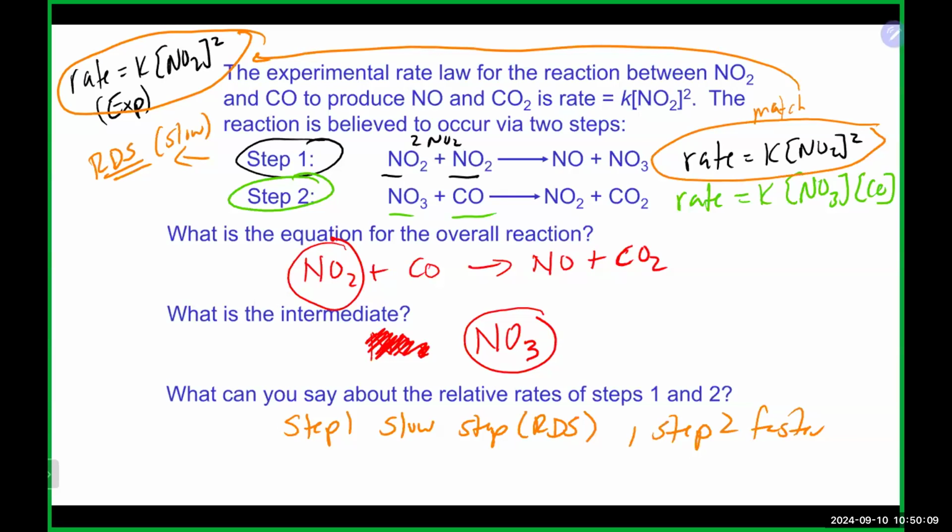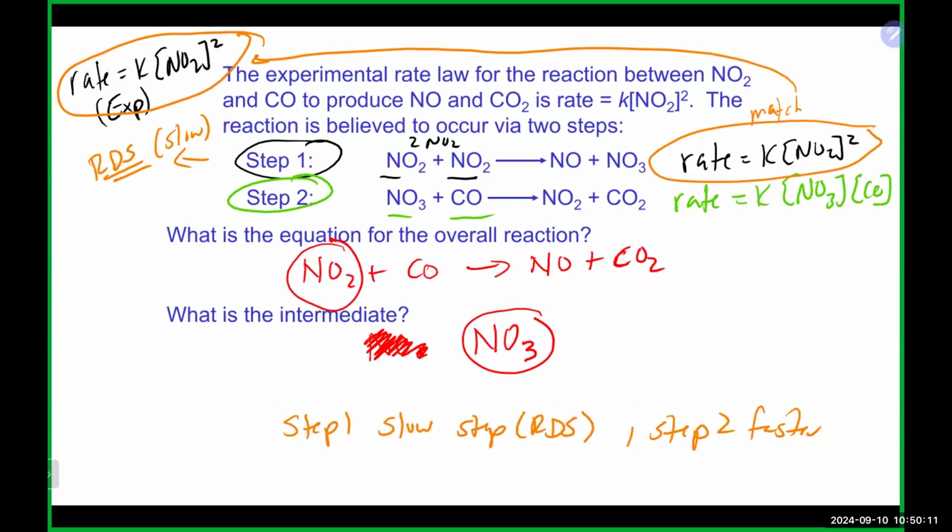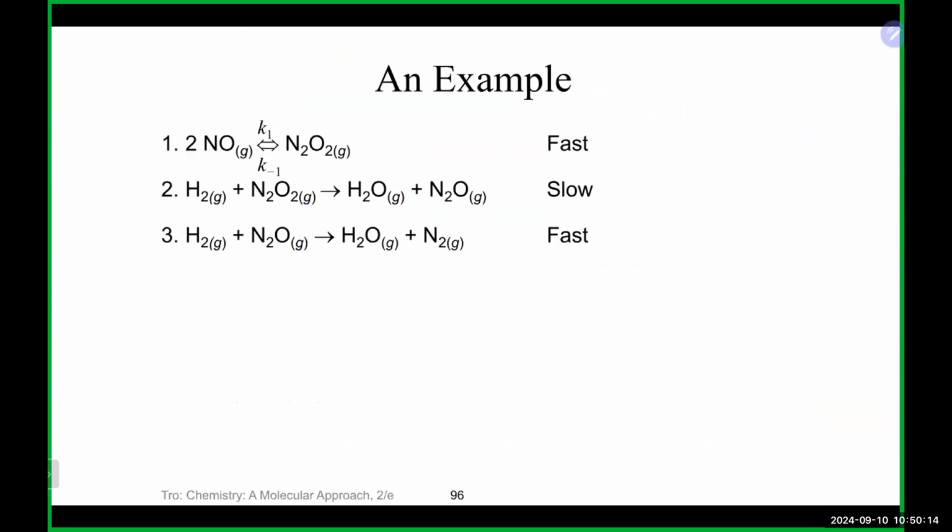Now, let's take a look at another type of mechanism problem, one such as this, where we have this reaction and we have an experimentally found rate law of K times H2 NO squared. In this particular proposed mechanism and question, they do not tell us necessarily which one is the rate determining step.